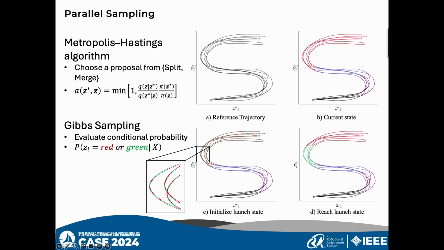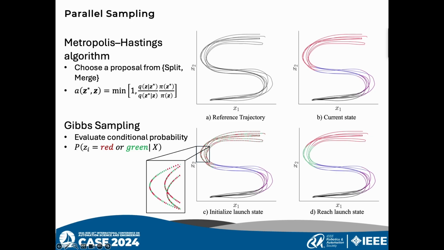Now every iteration, we can choose from either a split proposal or a merge proposal. Using the split proposal as an example here, say we are trying to split this right component. We first randomly assign those points into two new groups, which will be red and green here. We can then rearrange those points between those two groups by evaluating the conditional probability using Gibbs sampling.